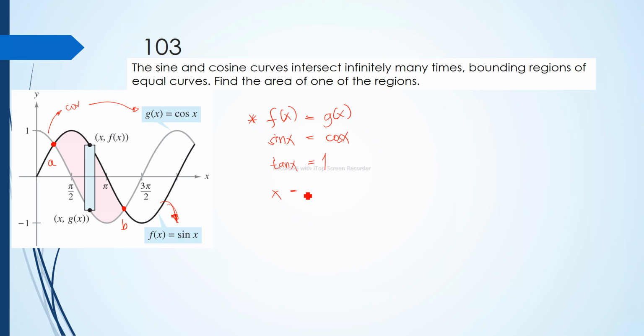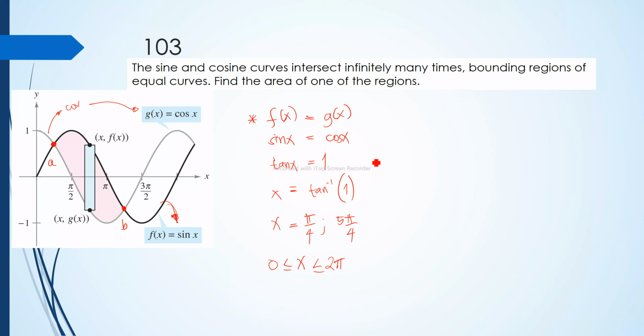To get x, we just get the inverse, and then finally we will get that our x is equal to pi over 4 and 5 pi over 4, if x is greater than or equal to 0 but less than or equal to 2 pi. So 0 to 2 pi is our limit for x. Then we'll have our two boundaries or limits where the curves intersect.